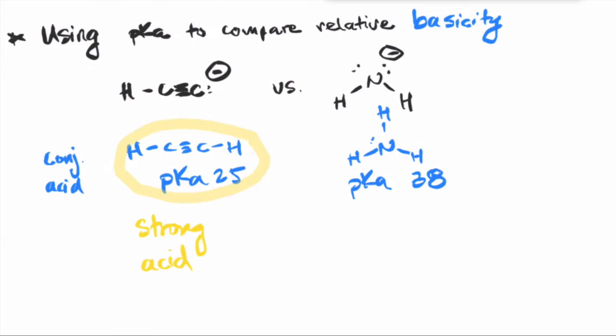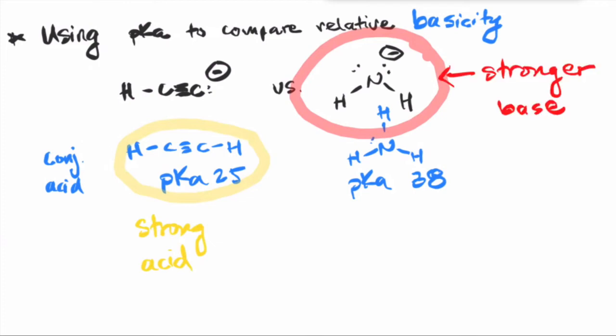Remember the seesaw effect? If the acid is strong, then its conjugate will be relatively weak, whereas if the acid is weak, then its conjugate will be strong. And since amine is the weaker acid, its conjugate base will be the stronger base.